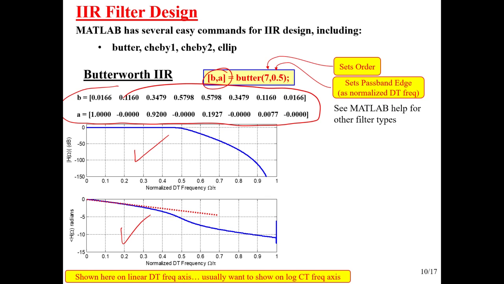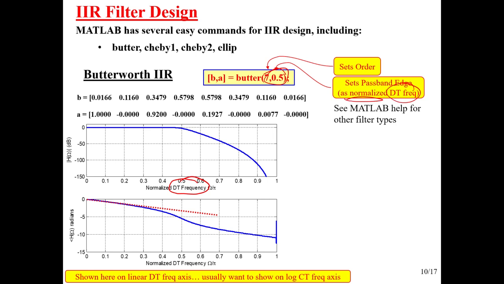So I made a w that went from 0 to pi, and then I normalized it when I plotted it. So here is an example where I'm plotting it versus discrete time frequency, not because that's what I usually want to see, but I'm just checking, did my design really work? Because the design is specified in terms of discrete time frequency, at least normalized.